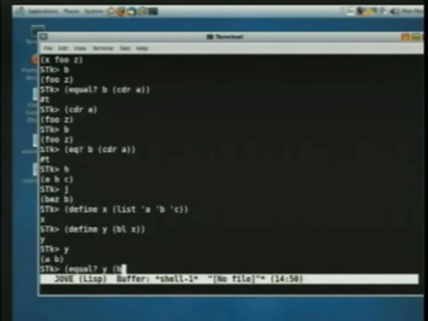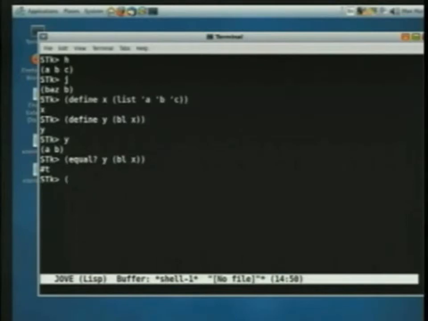Y but-last of X is true. eq? Y but-last of X is false. Because every time I call but-last of X, it makes a new copy. So this but-last of X is a different set of pairs from Y, even though they print the same. They both print A B.